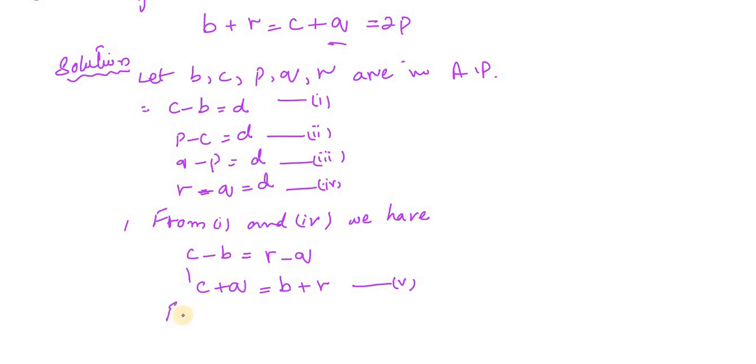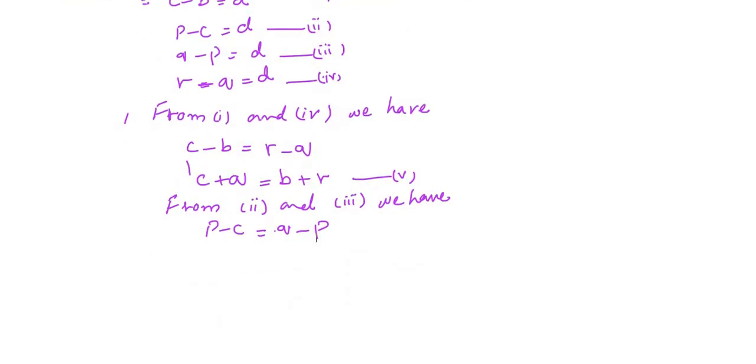And similarly from 2 and 3, we have 2 is P minus C is equal to 3 is Q minus P. So P plus P is equal to Q plus C, or C plus Q. So 2P is equal to C plus Q. This we say equation number 6.